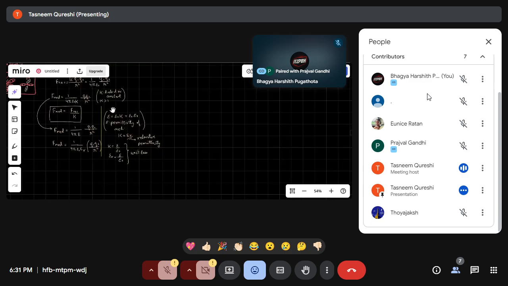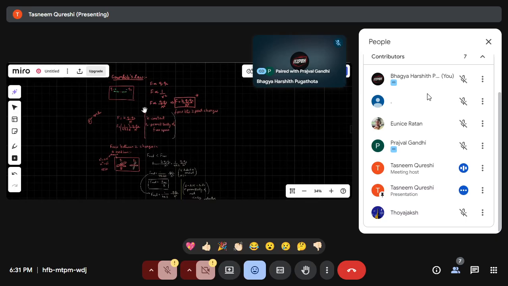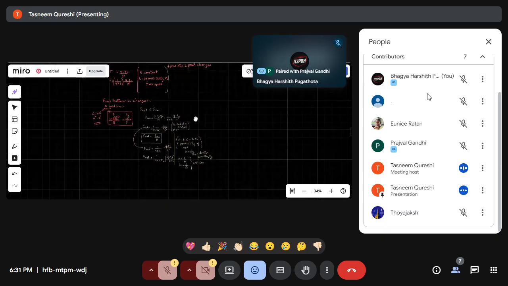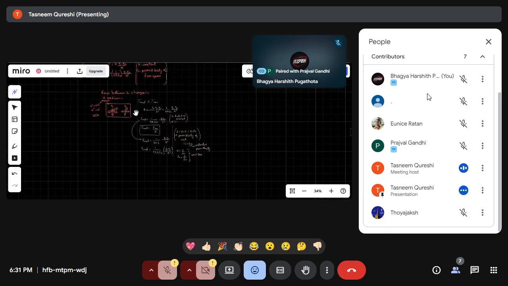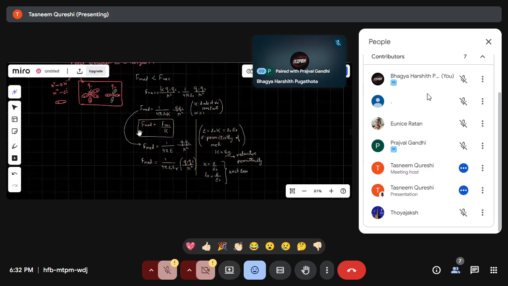What we studied till now is we started with Coulomb's law, basic, you know Coulomb's law. We wrote the equation, and then we studied what is going to happen if you bring your charges into the medium, and we discussed that the force in the medium is going to be less than the force in vacuum. So how can this force be less?